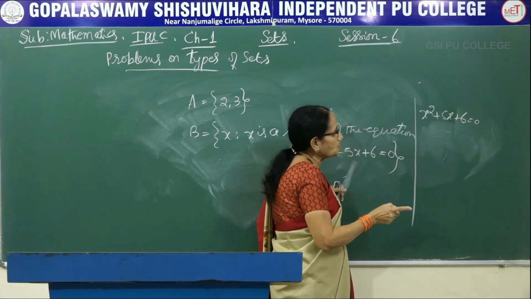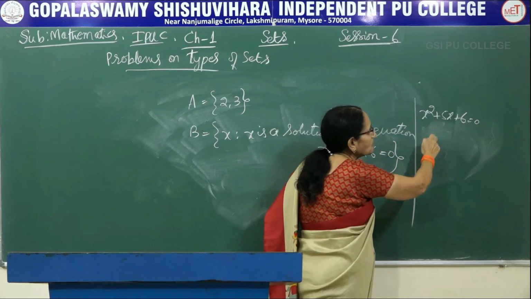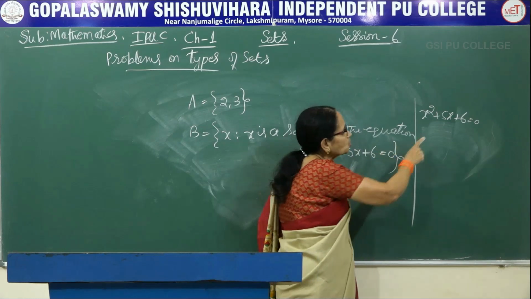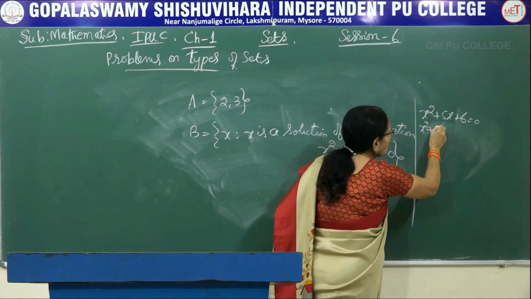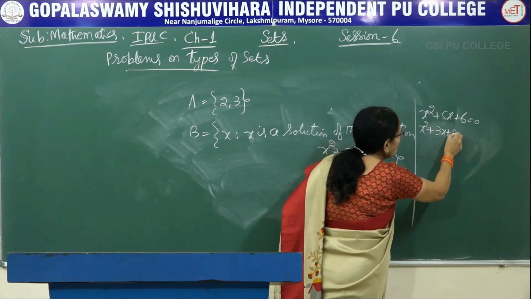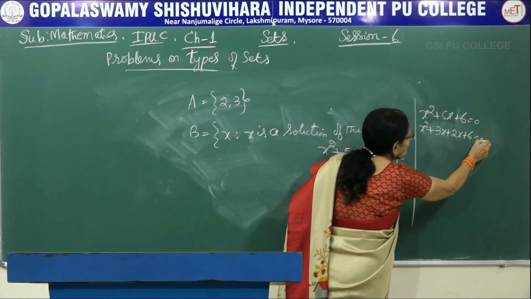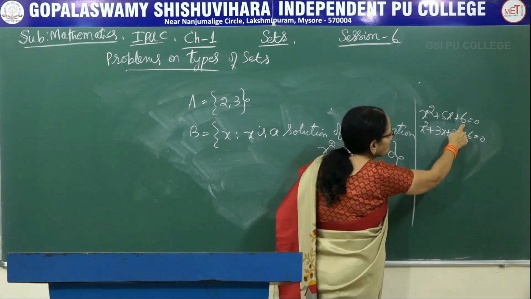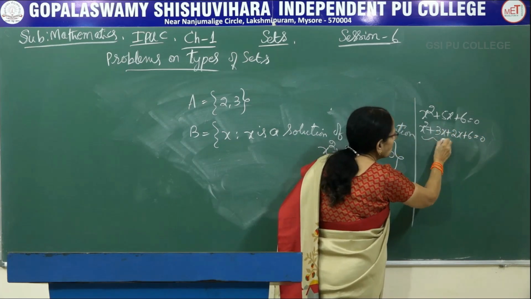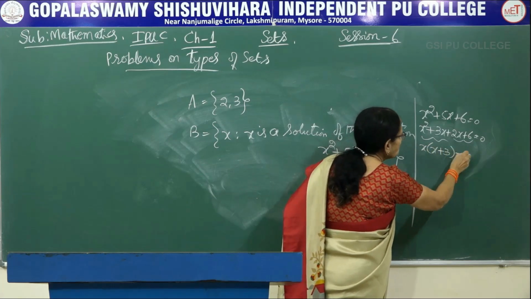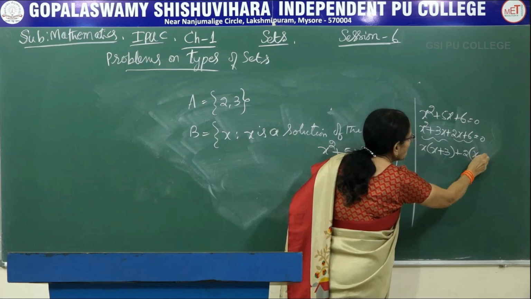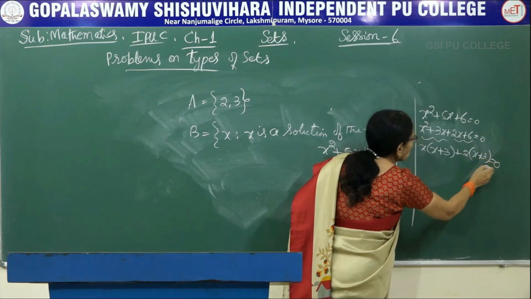Now the procedure you know, we have to split the middle term in such a way that the sum should be 5, the product should be 6. How could you do that one? X square plus 3x plus 2x plus 6 equal to 0. That is 3 2s are 6, 3 plus 2 is 5. So grouping them, taking out the common factor, we have x into x plus 3 plus 2 into x plus 3 equal to 0.